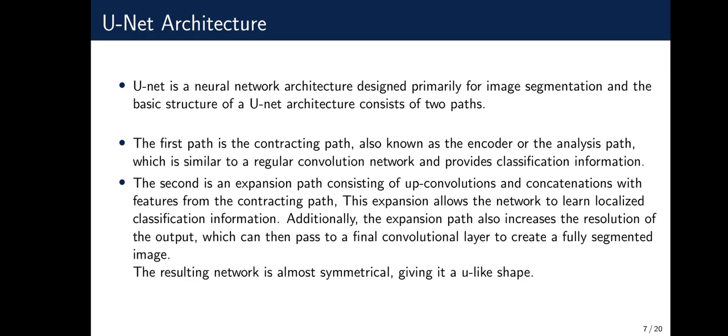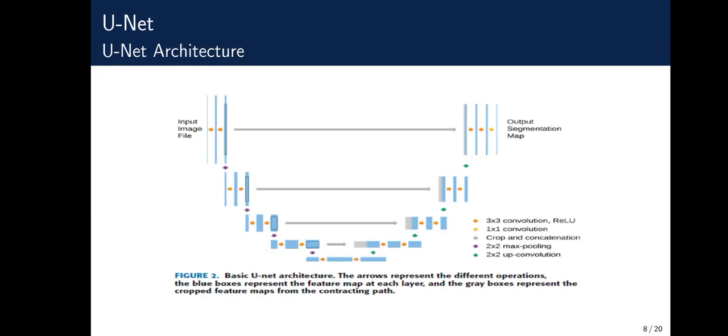The resulting network is almost symmetrical, giving it a U-like shape. The UNet network was developed based on the works of Long using fully convolutional networks. Their implementation achieved better performance than the previous best on the ISBI 2012 challenge and won the ISBI cell tracking challenge.